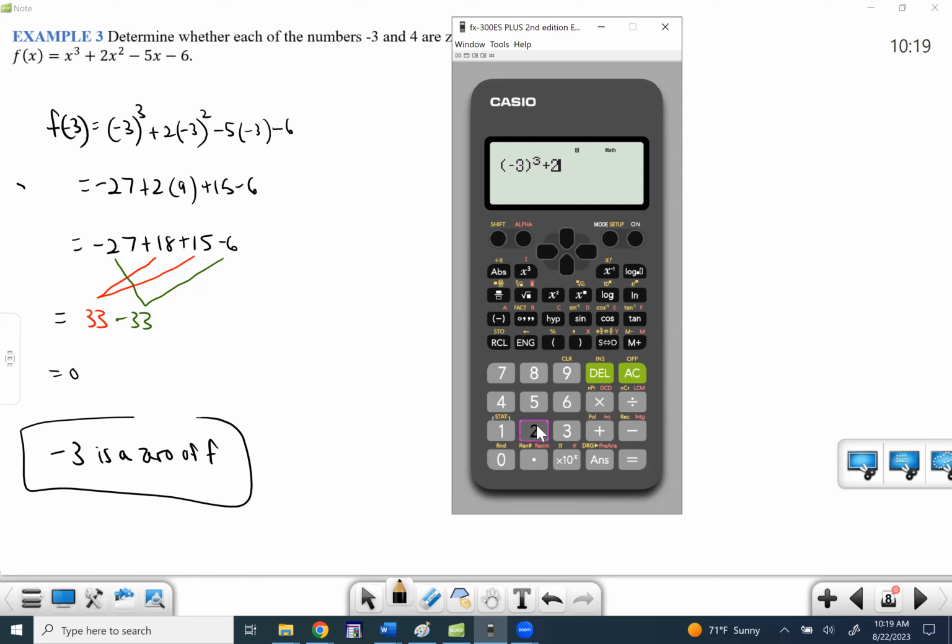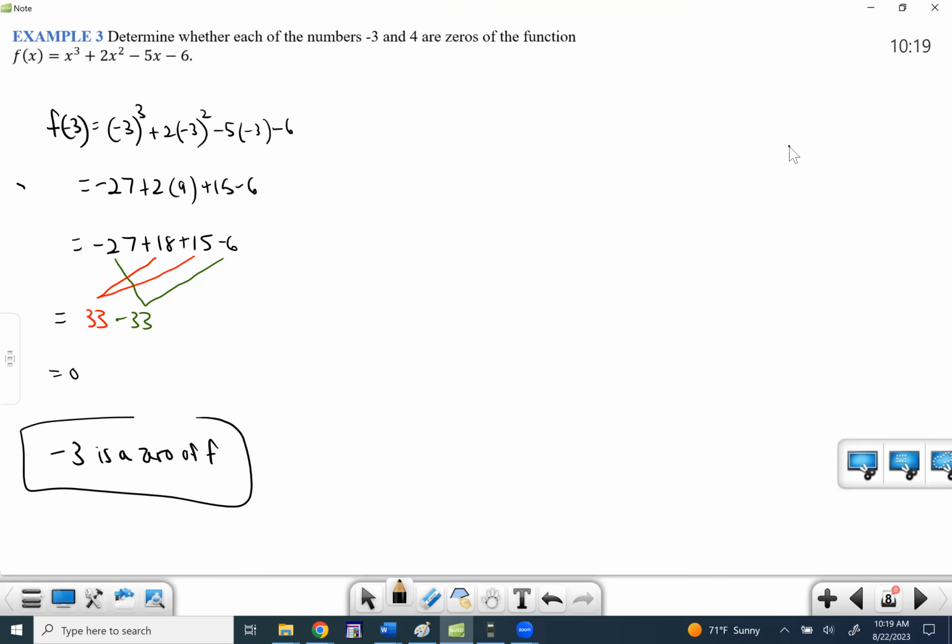All right, plus 2 parentheses, negative 3 parentheses. You can just hit squared here and it automatically gets out of it. You don't have to hit the right arrow. Minus 5 parentheses, negative 3, minus 6. Cool, it worked.